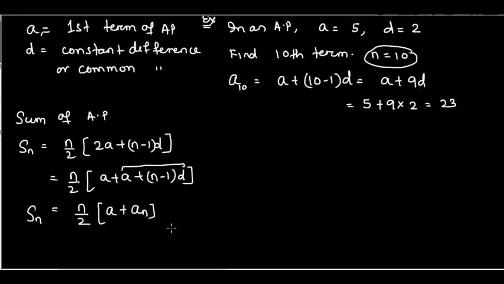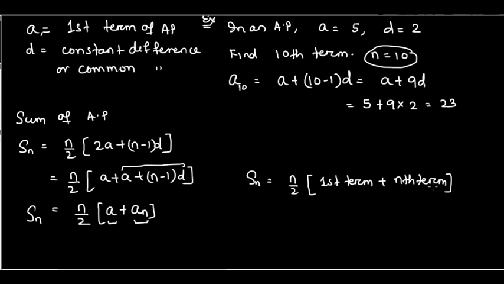Since the AP contains a number of terms, an is the last term and a is the first term. So we can say that Sn is equal to n by 2 whole into the first term plus the nth term, or the last term. So in this way you can find the sum of a series of AP.